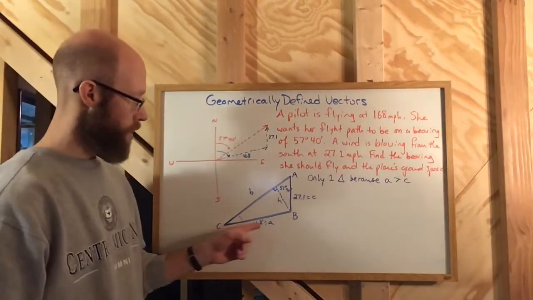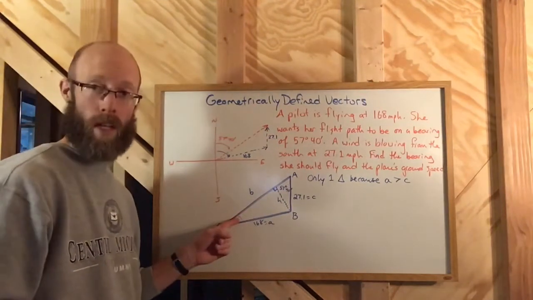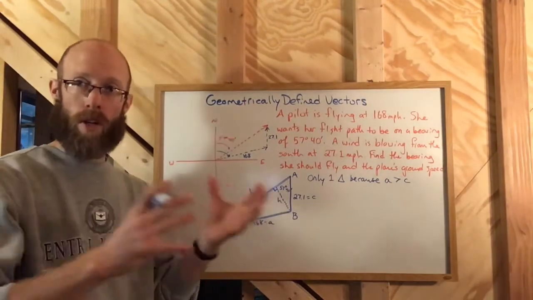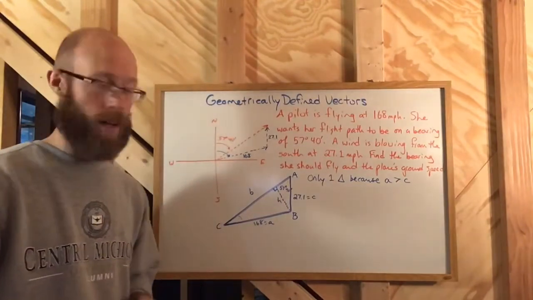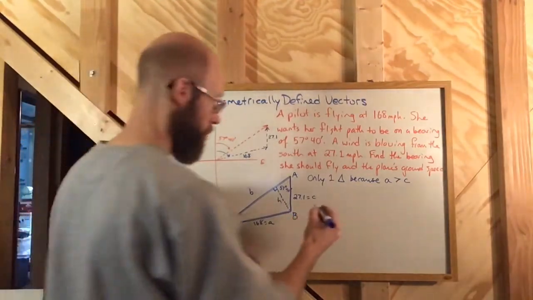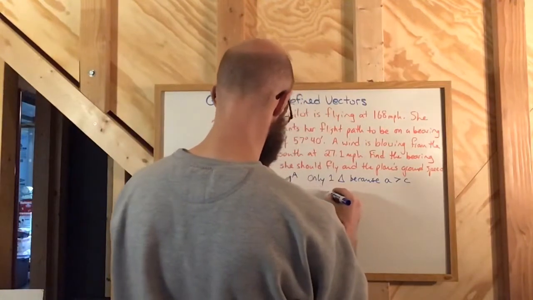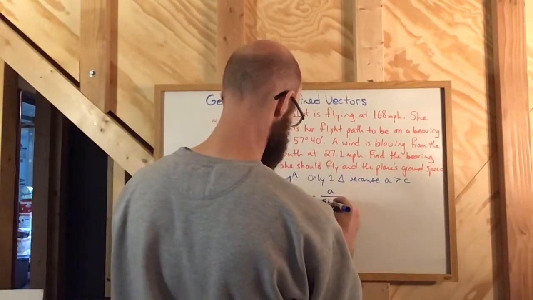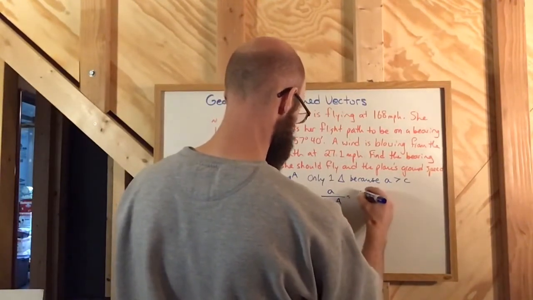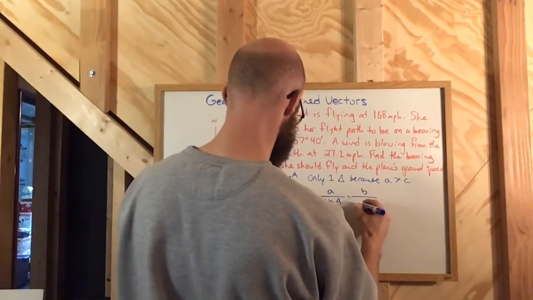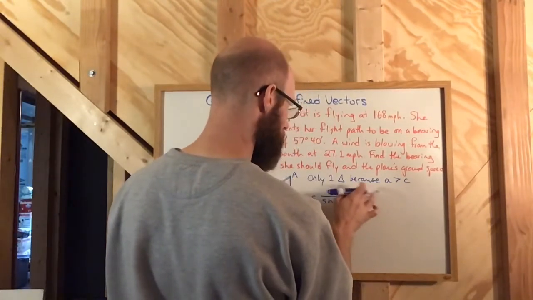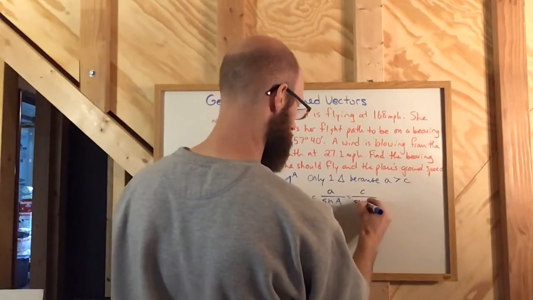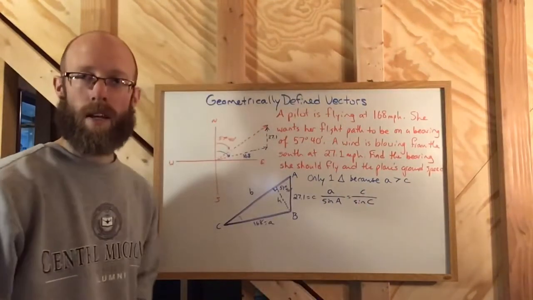I also know that when I solve the law of sines that this is going to be an acute angle, right? I don't have to worry about trying to go to the obtuse angle in the second quadrant. So I know that little a over the sine of A equals little c, which I have given to me, over the sine of C, angle C.